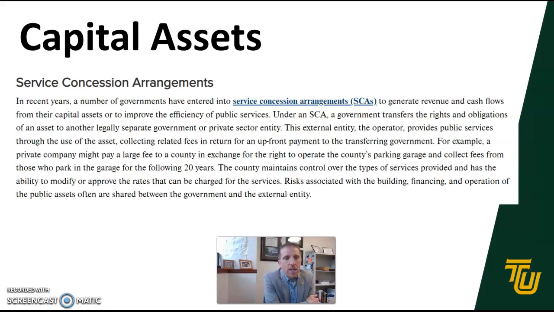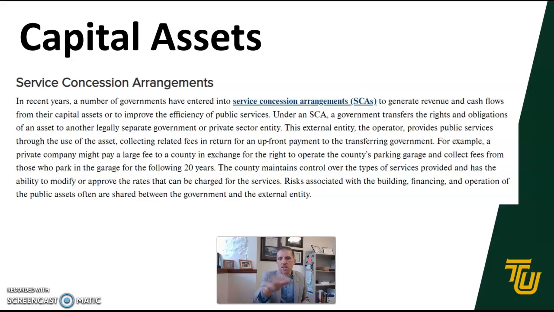One more item here on capital assets, and then we'll flip over into long-term liabilities: service concession arrangements. Basically, the government entity contracts out with a company, usually a for-profit company, the administrative function of maintaining a given asset.